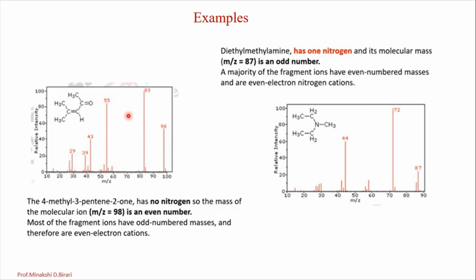Most of the fragment ions have odd numbered masses and therefore are even electron cations. So we have already studied the mass spectra of these two examples in detail.